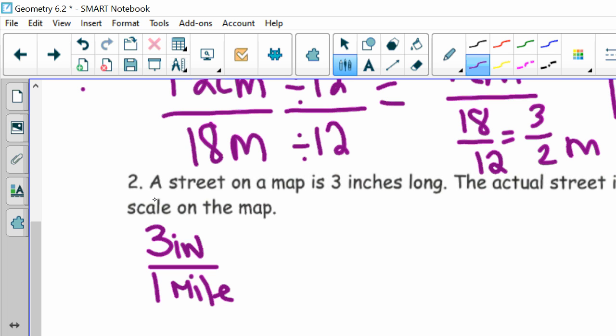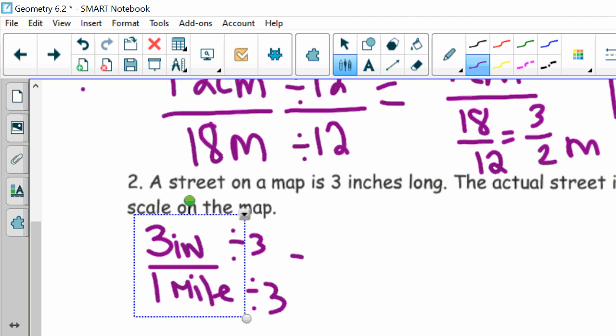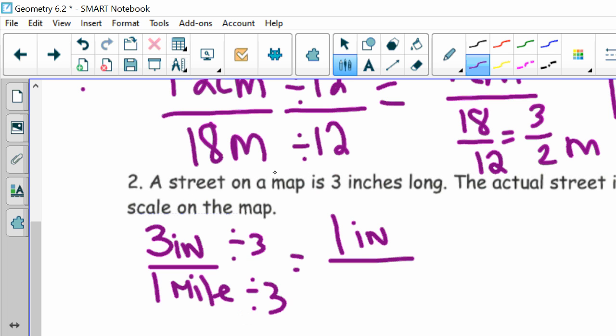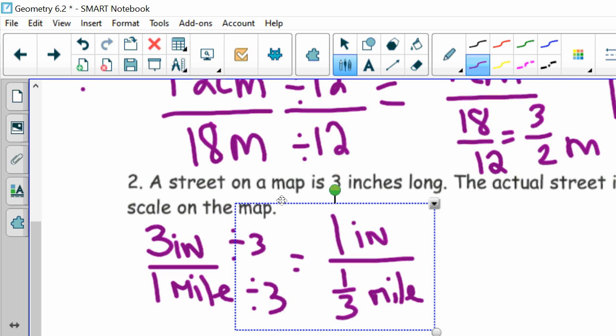So 3 divided by 3 gets me 1. So divide top and bottom by 3. On top, 3 divided by 3 is 1 inch. On the bottom, 1 divided by 3 is just 1/3. And here I have miles. So the scale on the map is 1 inch to 1/3 of a mile. Every 1 inch on the map represents 1/3 of a mile.